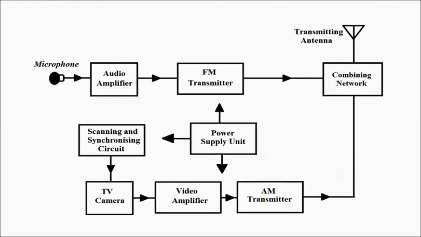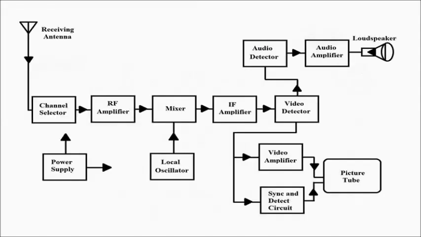Here we came across this block, the scanning and synchronizing circuit at the transmitter side, which is connected to the TV camera, the video section, and at the receiver side this synchronization and detecting circuit. So the scanning and synchronization term is common at both the transmitting and receiving sides.